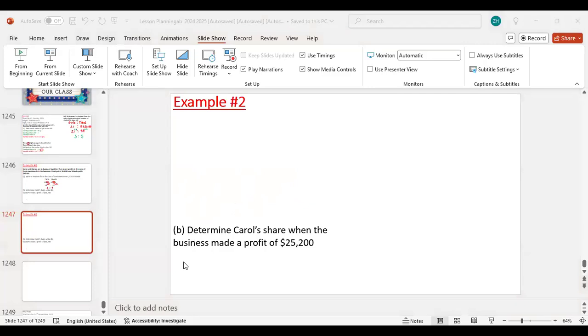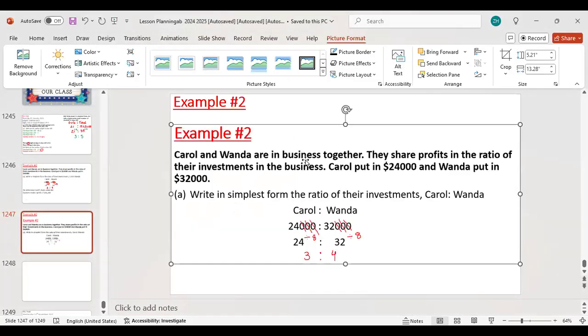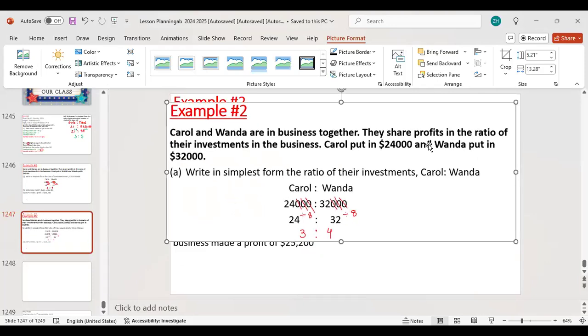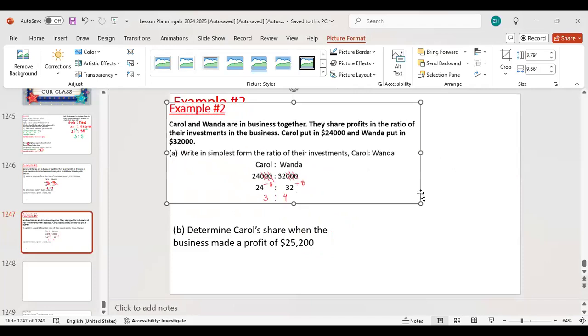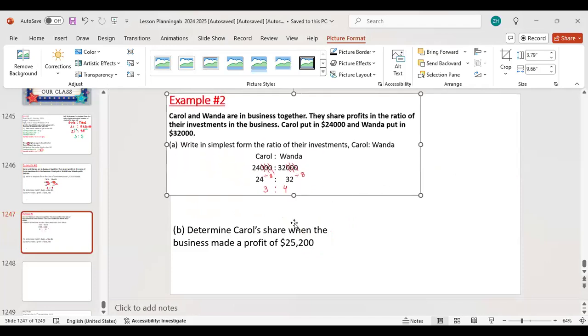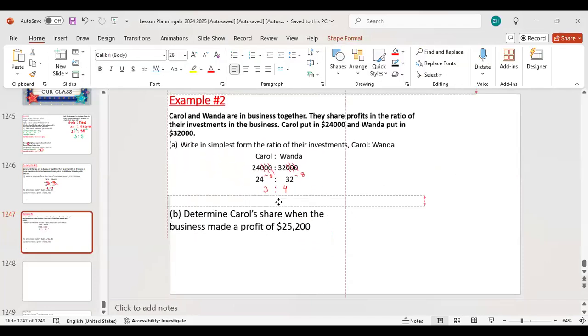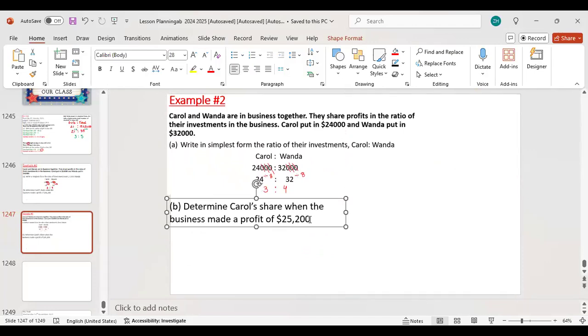After you find one equal part, then you multiply that by 3. Okay, anyone else want to try? You would add 3 and 4.